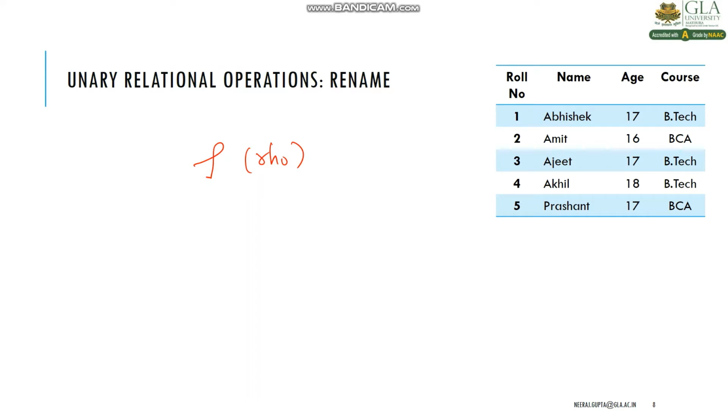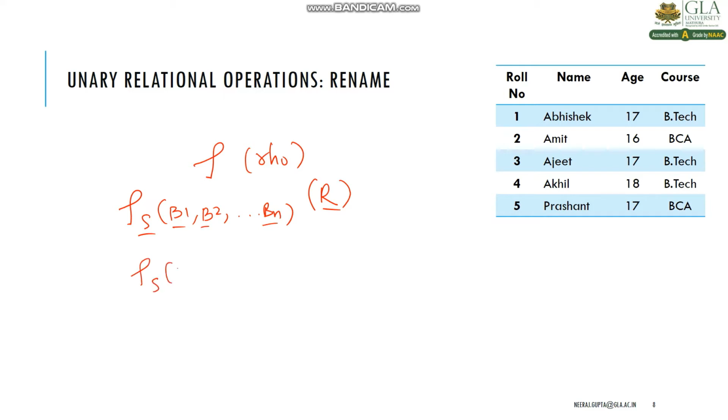The syntax is this way: rho S B1 B2 up to Bn for the relation R. That means S is the new name of R, and B1 B2 Bn are the new names of the attributes of R.